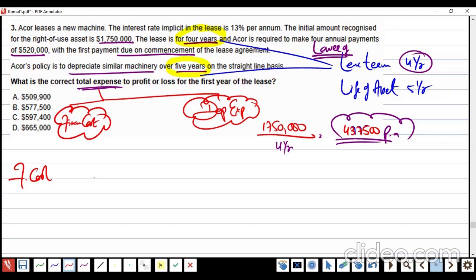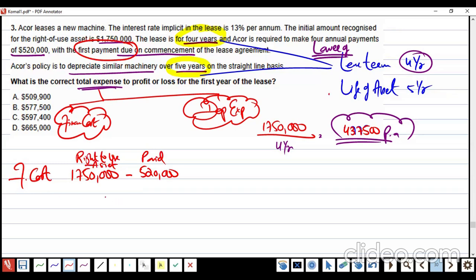520 per annum. 1,750,000, 1750 is the asset value, the right to use asset. They said the first installment was already paid at the commencement of the lease.